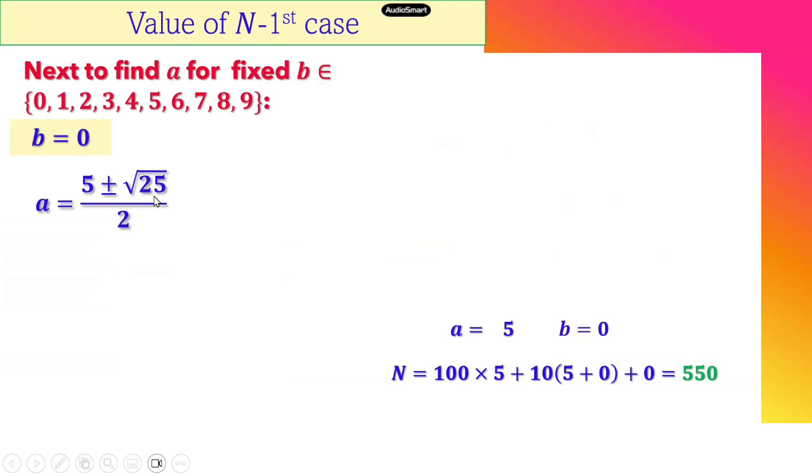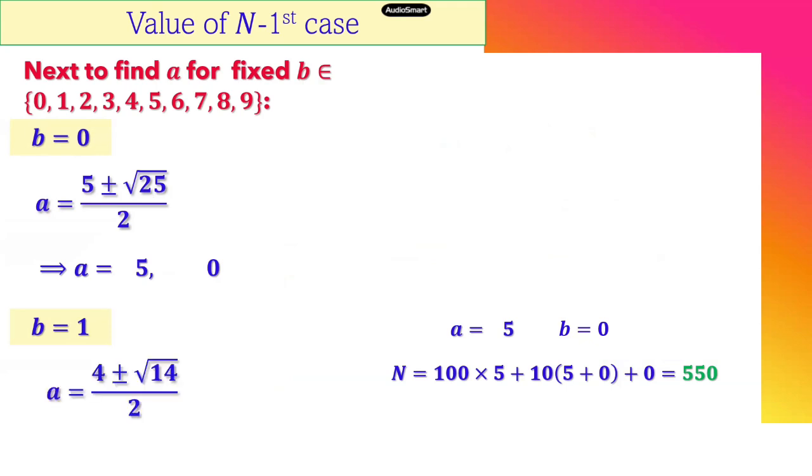The square root of 25 is 5, so we get a equal to 5 or 0. And a cannot be 0, so a will be 5. Then if we take b equal to 1, we will have (4 plus or minus the square root of 14) over 2, which is not an integer, so it is not acceptable.